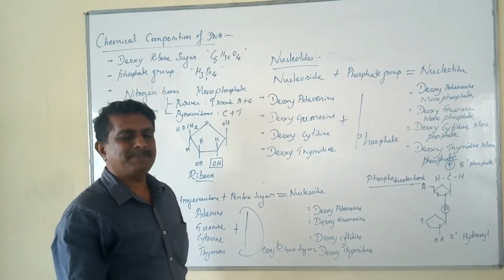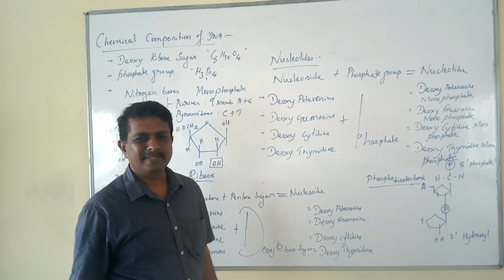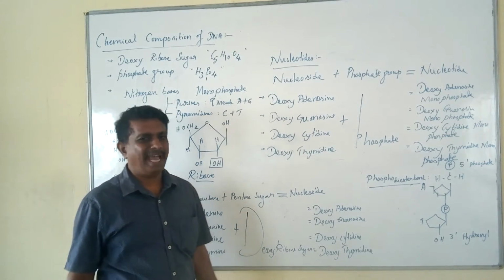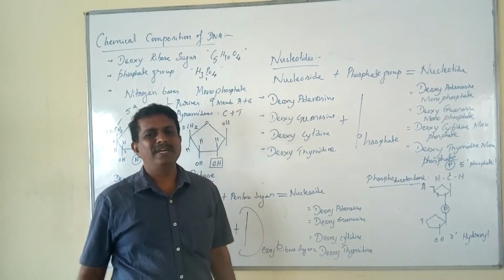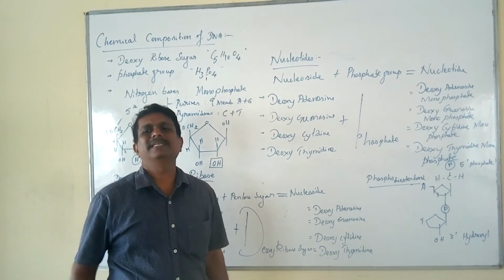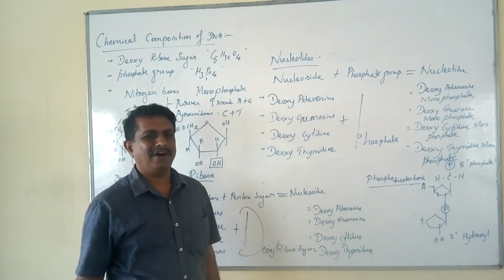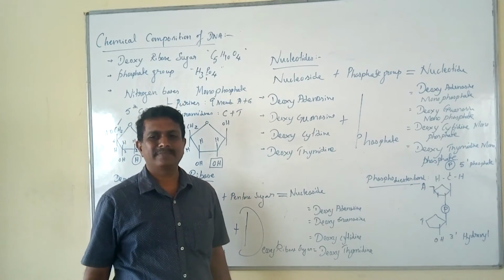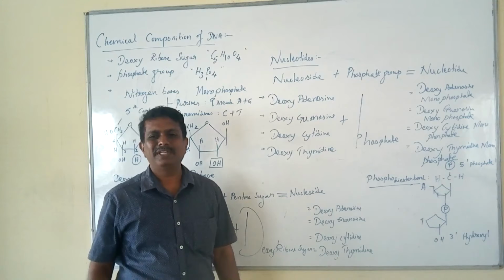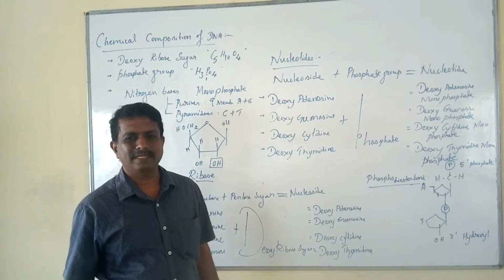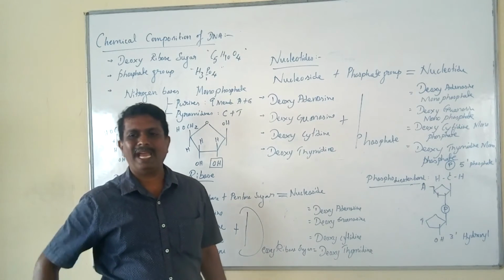Nucleoside with the phosphate group is called nucleotide, or it is also designated as the combination of nitrogenous base, pentose sugar and phosphate group. Nucleotides are the basic units of nucleic acids.